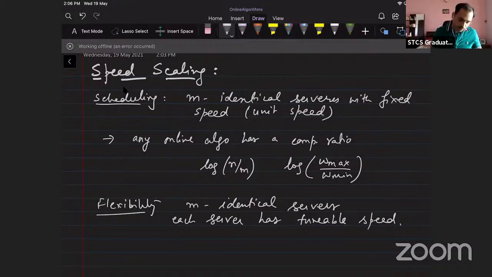minimize its flow time. So to attribute an appropriate quantity to capture the speed, what we do is that there is a power function, which is P of S, where S is the speed of operation.